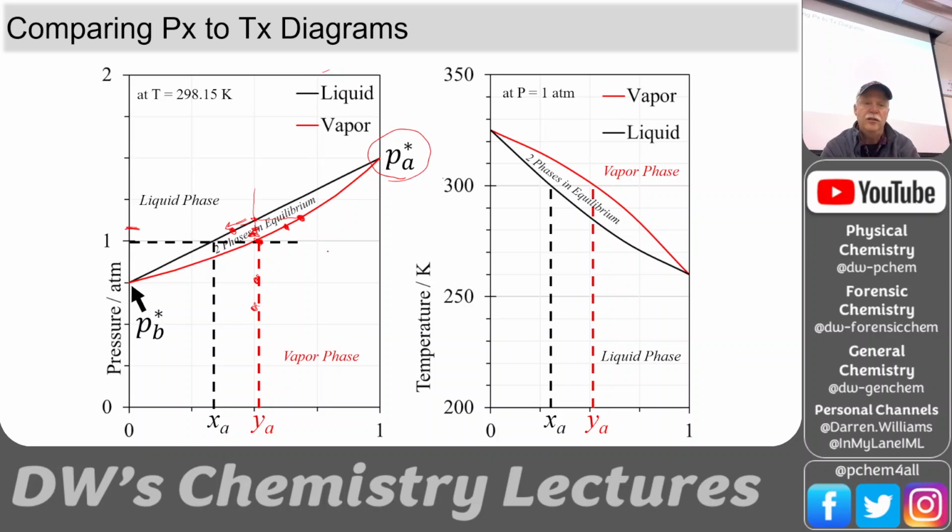And so this two phases in equilibrium, that's the VLE region. Let's do VLE, vapor liquid equilibrium. And that's the general description of this science. So if you're dealing with phases, liquids and gases in equilibrium, you're dealing with VLE phenomena.